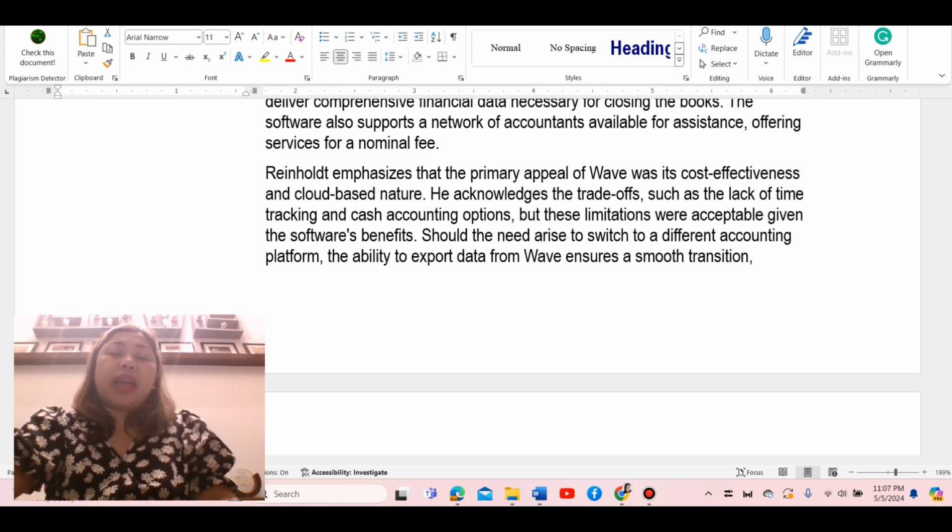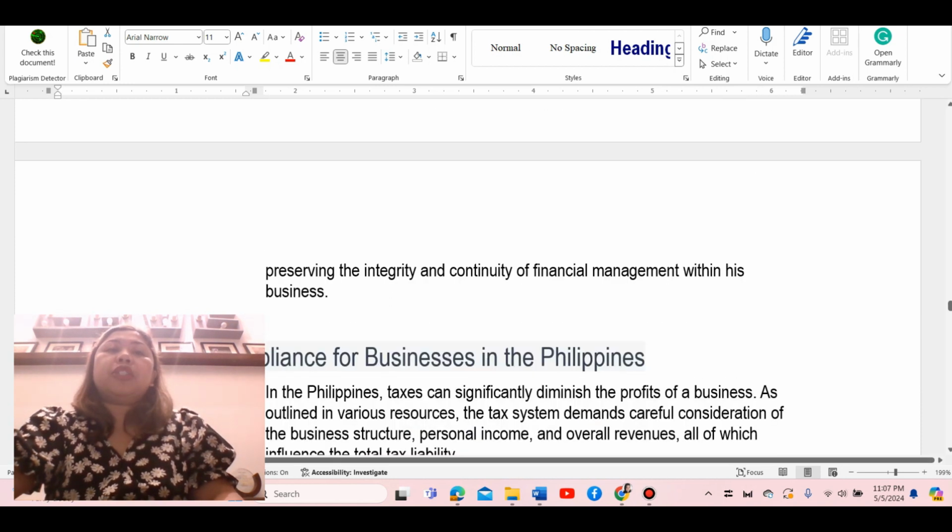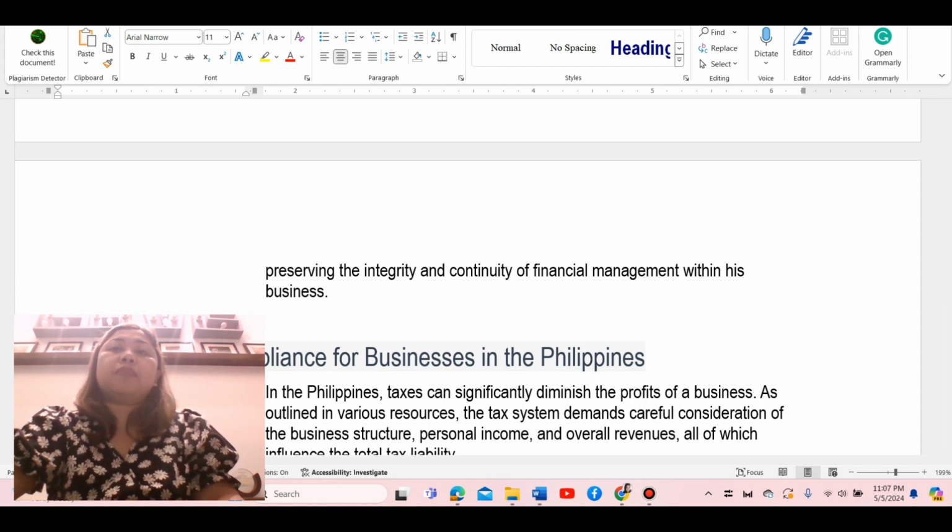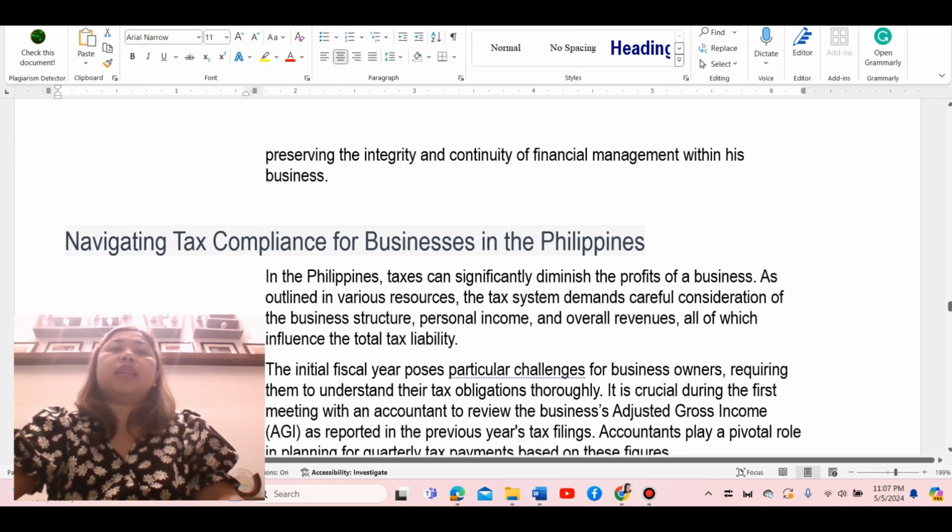Should the need arise to switch to a different accounting platform, the ability to export data from Wave ensures a smooth transition, preserving the integrity and continuity of financial management within his business.